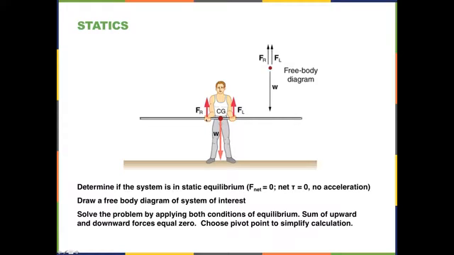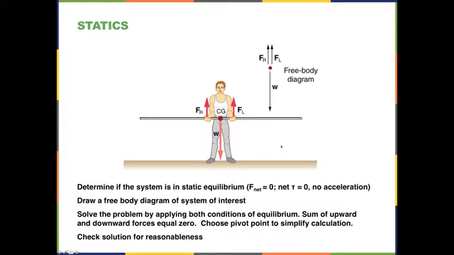Now, many times somebody will choose a pivot point where one of the forces is, because at that place the torque there is 0 because the distance is 0. Then all you have to do, for example in this case, is calculate the distance from here to here times this force, and that has to equal the distance from here to here times this force.